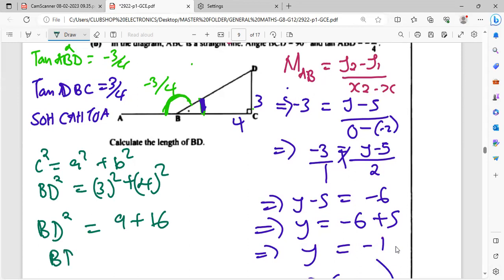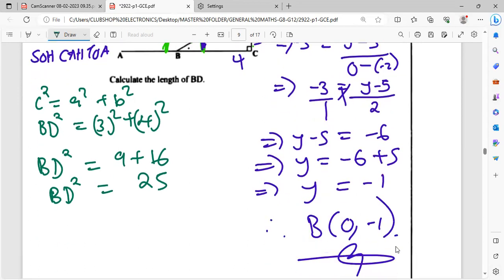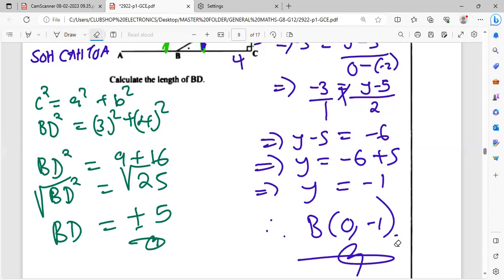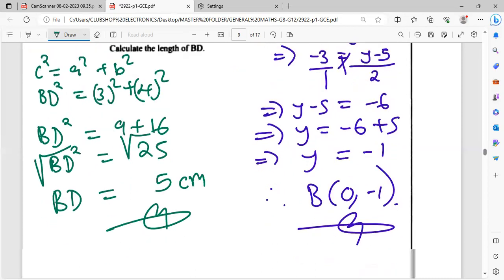So BD squared is equal to 25. If you square root, BD will be equal to plus or minus 5. Now, since we're talking about length, we discard the negative and just remain with the positive. So BD is 5 centimeters.